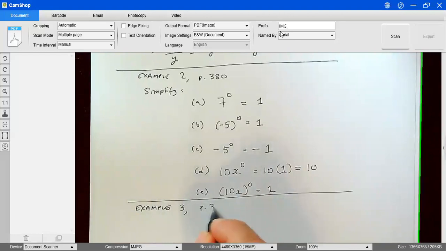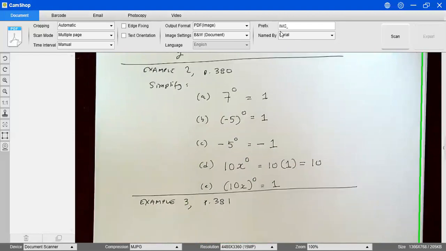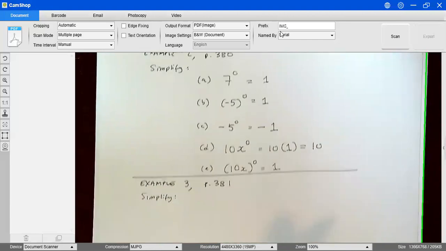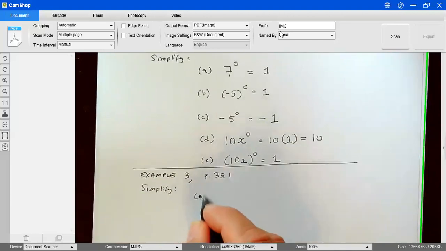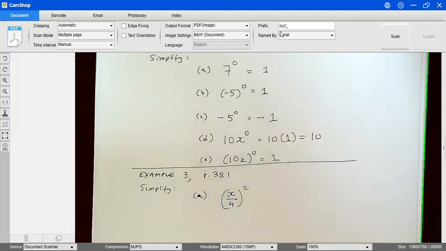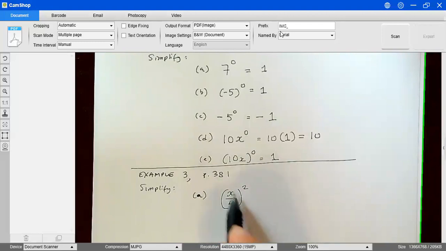So I'm going to work now on example 3 on page 381. So we're gonna simplify. So in the first case, I have x over 4 and this is squared. So now my base is x over 4. So I'm going to break the base.